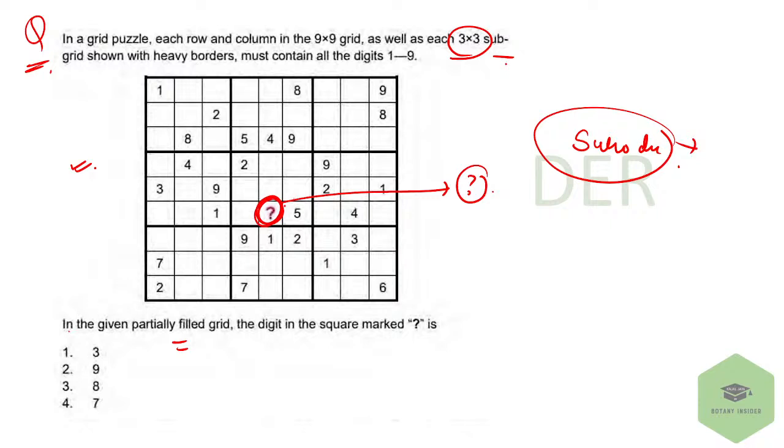For solving these types of questions, you should go in a point-wise manner, according to the options. Just observe the digit and check whether it is suitable in that particular grid or not, right? If you go with the options, let's see 3. So 3 is available in this, but it is not there in this or any other number or here as well.